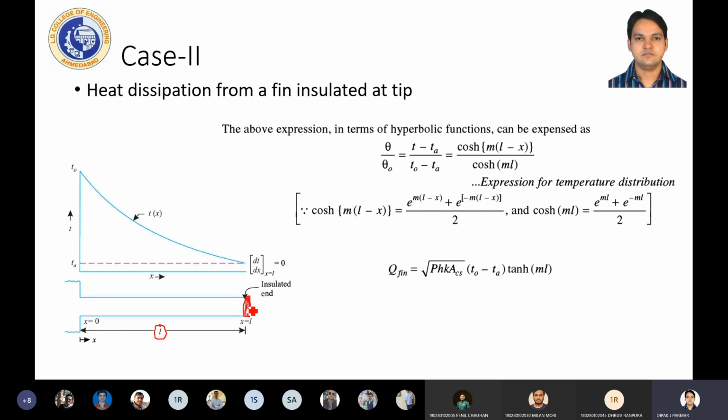I am not going to derive this, but the method is the same as we have followed in case 1. The expression for finite length and insulated tip comes to theta upon theta_O, nothing but the temperature difference, that is (T minus T_A) divided by (T_O minus T_A), equal to cosh(m(L minus x)) divided by cosh(mL).